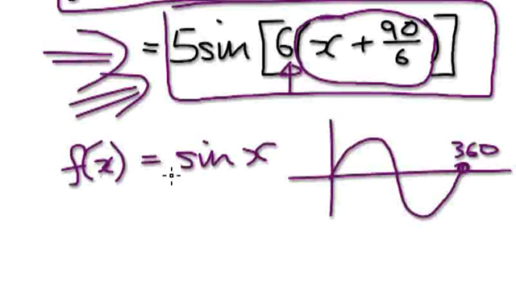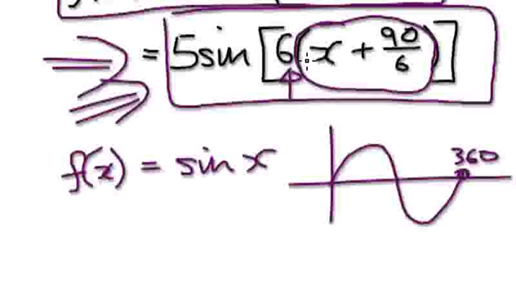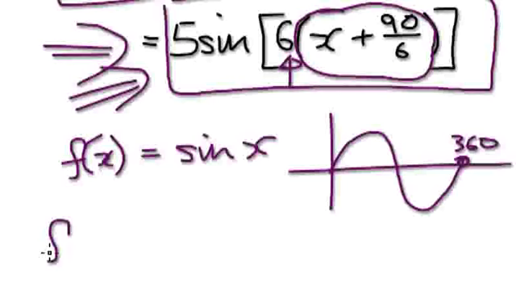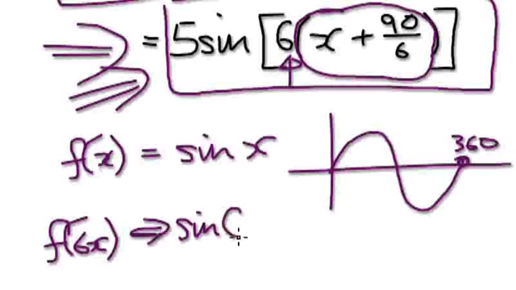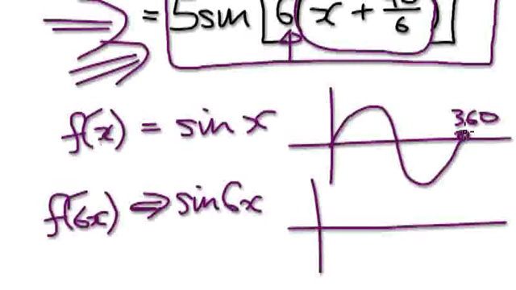Okay, 360. And then looking at this here, our next transformation is this 6 here. So we've got to do f of 6x here. That would then give us sine 6x. Now when you come to sketch it, the period was 360.